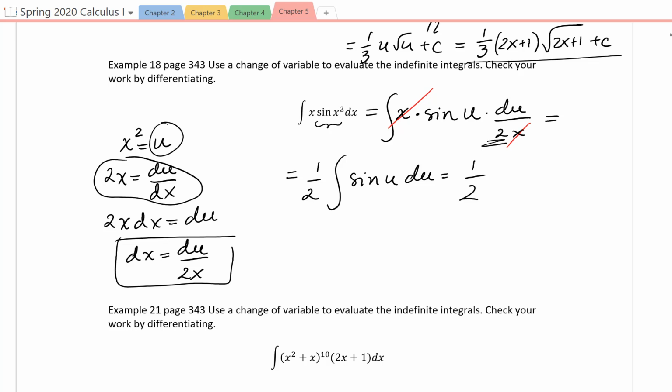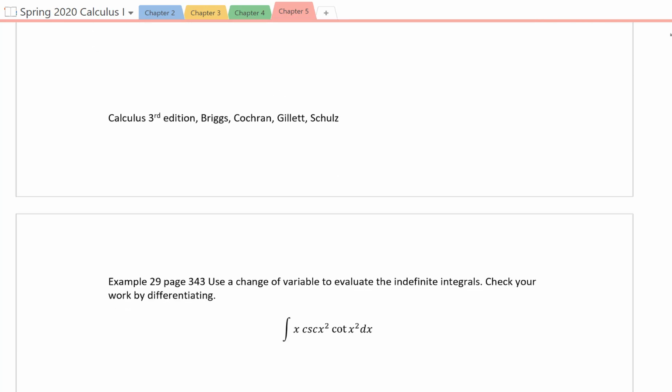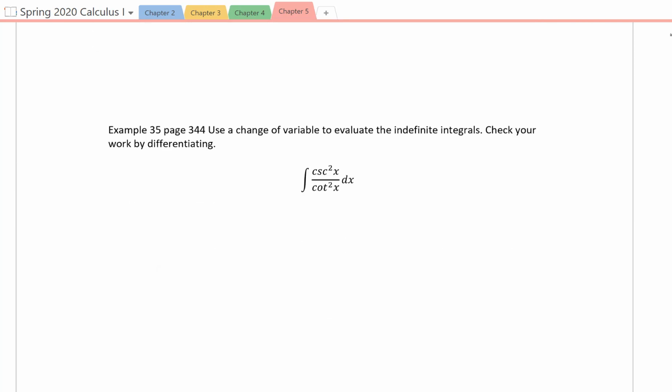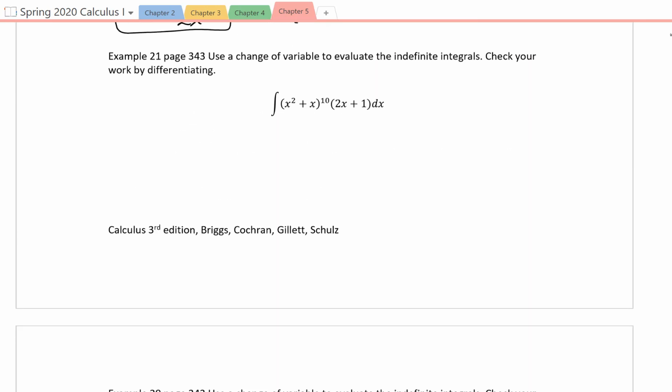Well, we learned what the integral of sine of x dx is, right? It was negative cosine of x. In our case, it's u. So it's negative 1 over 2 cosine of u, where u was x squared, plus c. And this is it. Well, they might seem complicated, but you have to do a million of them so that you get comfortable. So you see we have quite a few here.